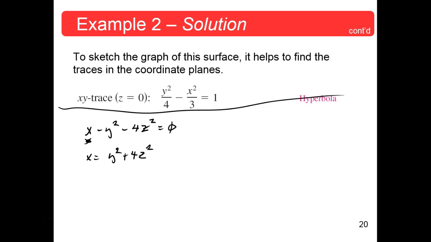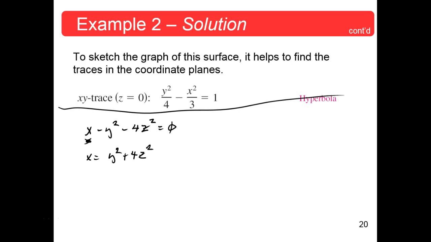x cannot be negative. Well, the only thing that opens only one way is going to be a paraboloid, and this makes it certain. When x is 0, these two have to be 0, no way around that. But when x is any positive value, then what you have is ellipses. And with one variable to the first power and the others to the second power, it's got to be parabolas.